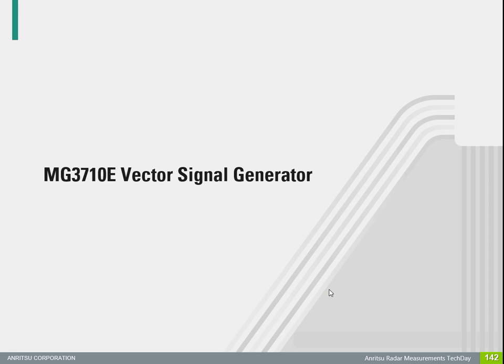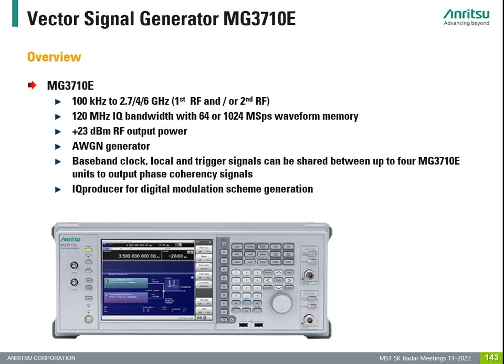MG3710E vector signal generator. The vector signal generator MG3710E is a best-of-class multifunction signal generator with excellent RF and baseband performance. The MG3710E features wideband vector modulation and offers built-in baseband waveform generation with large capacity memory to ensure maximum versatility.